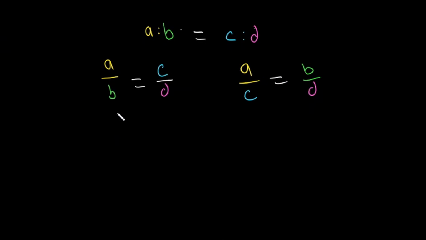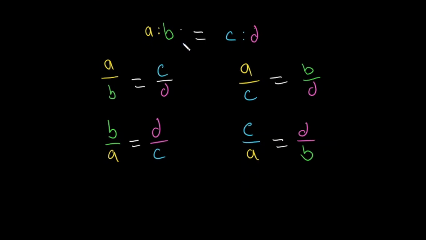So there is one more thing that we can do, and that is to flip each of these. We can write A over B is equal to C over D, and we can write this as the proportion B over A is equal to D over C. And we can rewrite this proportion here as C over A is equal to D over B. So all 5 of these are a different way of writing the same thing.